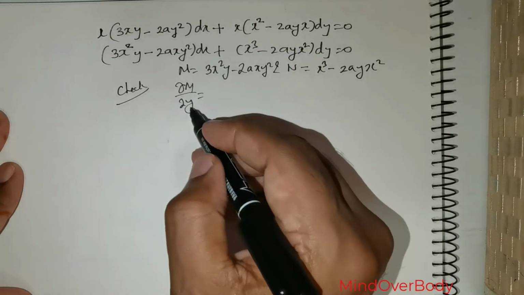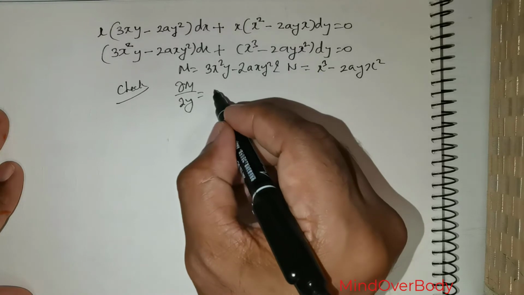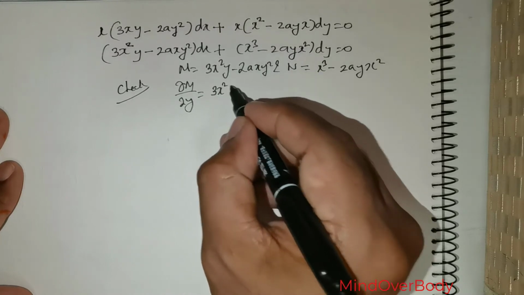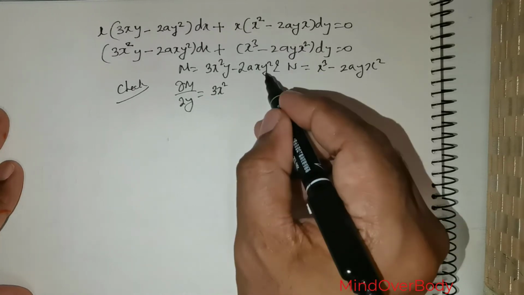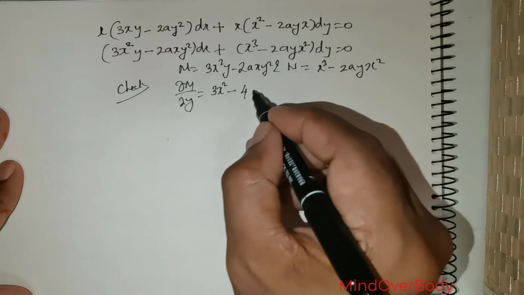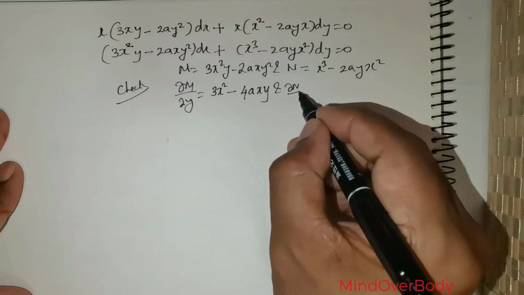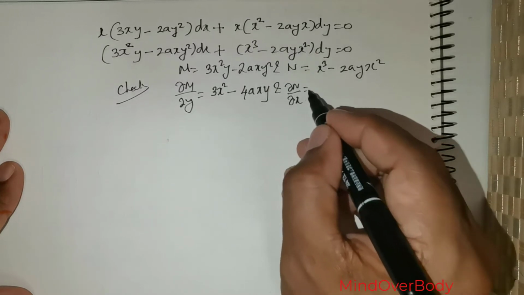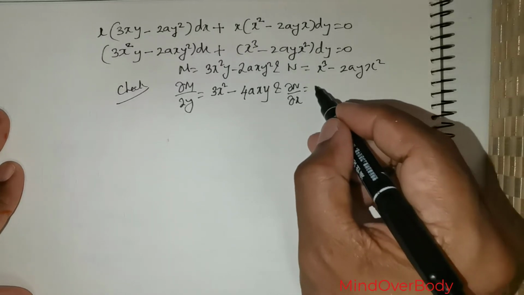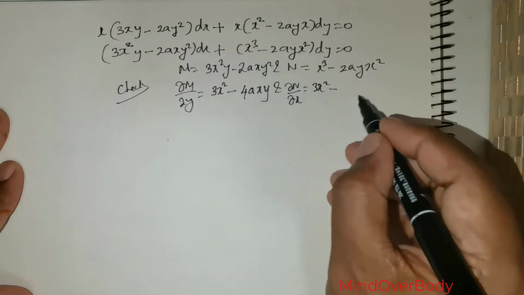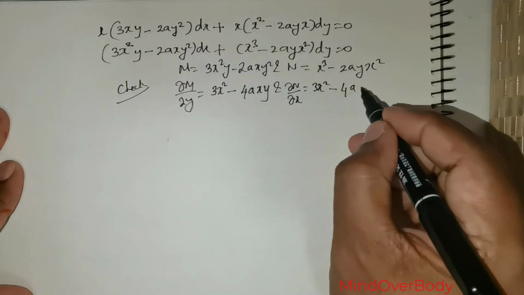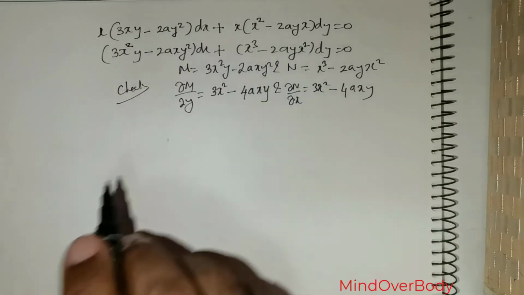Differentiating this with reference to y partially, this is going to give me 3 times x squared, differentiation of y is 1. So this is going to give me minus 4axy, and differentiating N with reference to x partially, this is going to give me 3 times x squared, and this is going to give me minus 4axy.